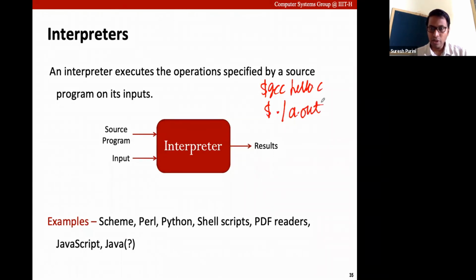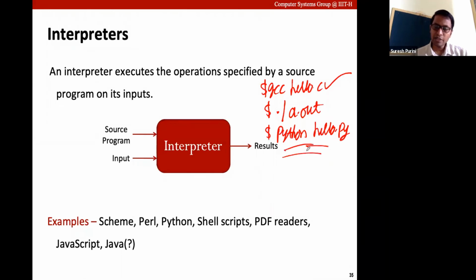This is how you execute your C program. But if you have written a Python program, you simply say python hello.py. There is no compilation step here, whereas with C there is a compilation step.